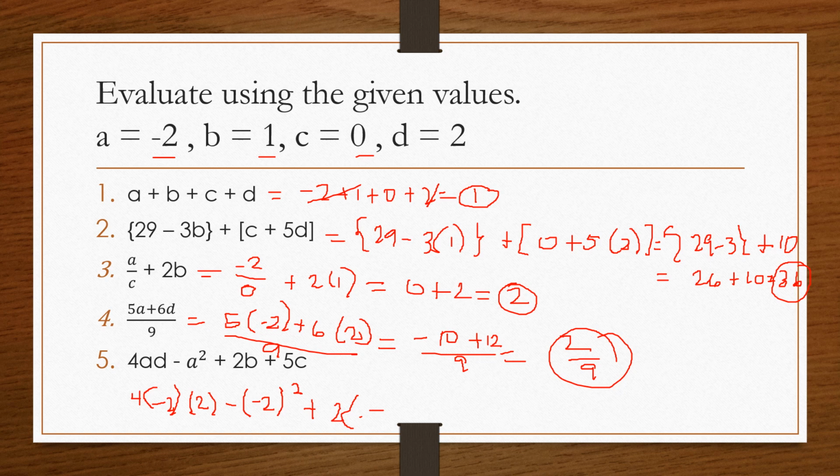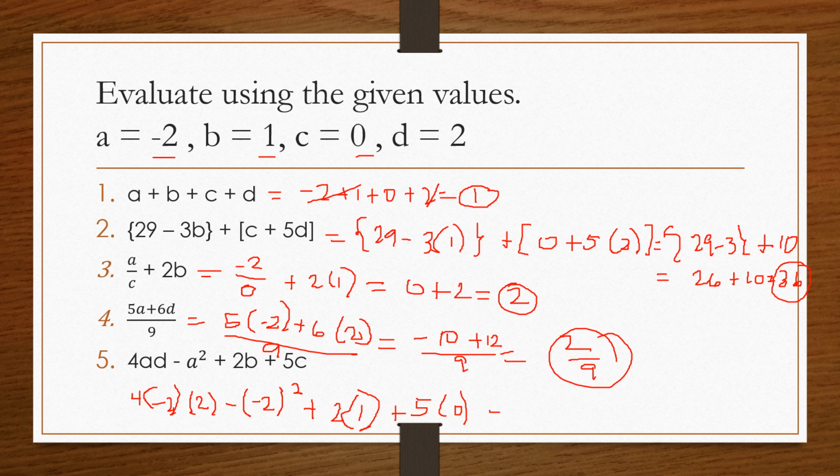B, no? So 2B, that is 1. Okay, so 1 plus 5C. 5C is equal to 0, no?